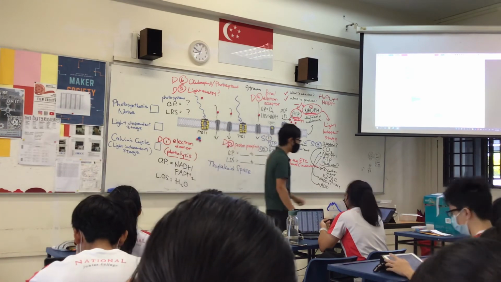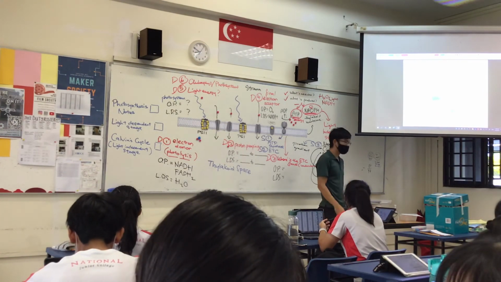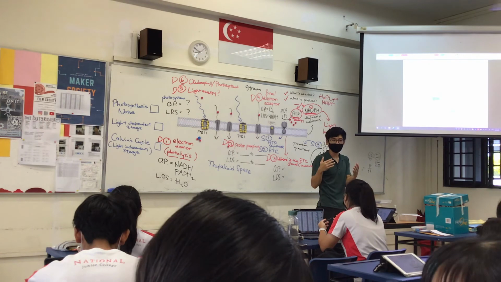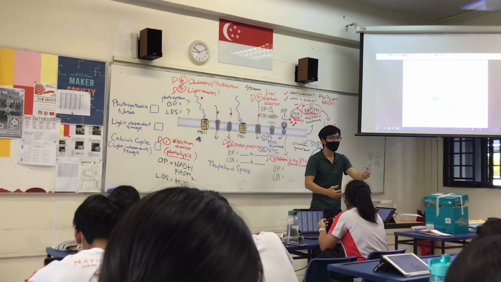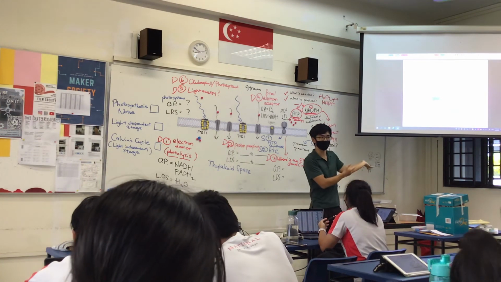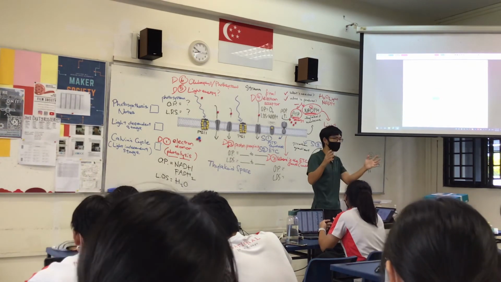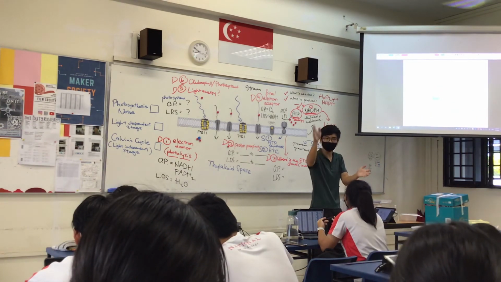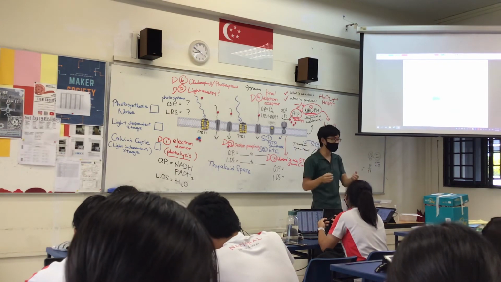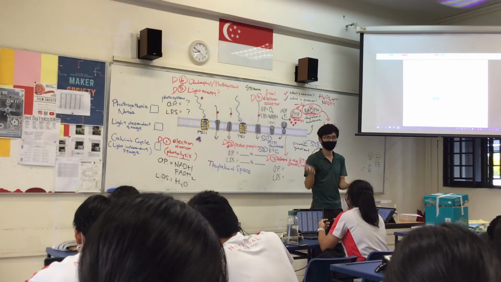Another tip when studying this chapter is, there are too many processes written down in words. I encourage you to watch videos on Lumos. Visualize the process. Don't look at the words and try to remember the words. Visualize the process, remember the process, and then describe the process from your mind. Yeah?